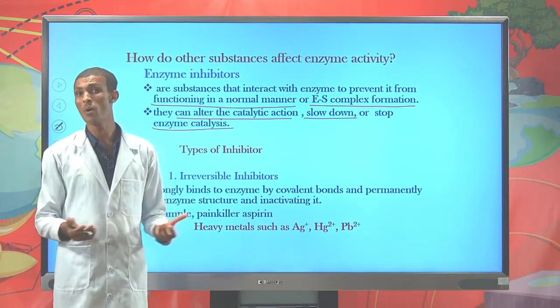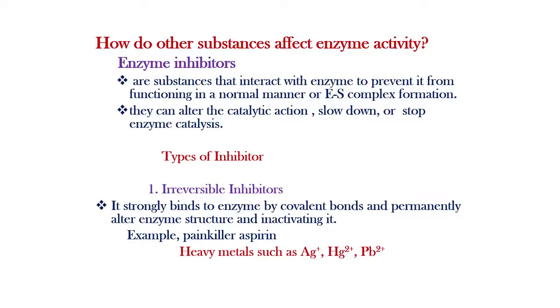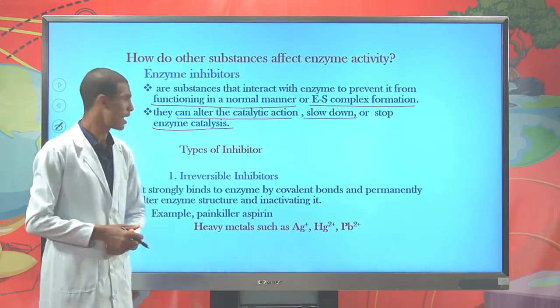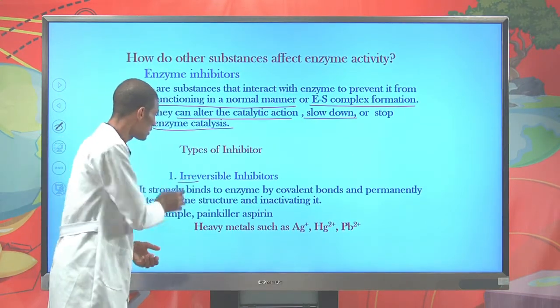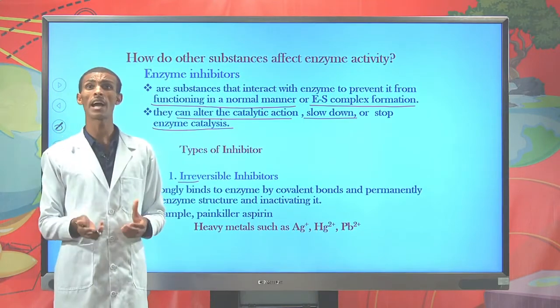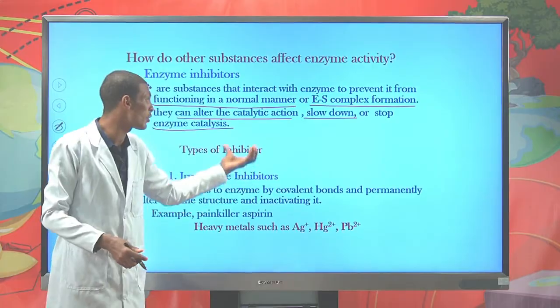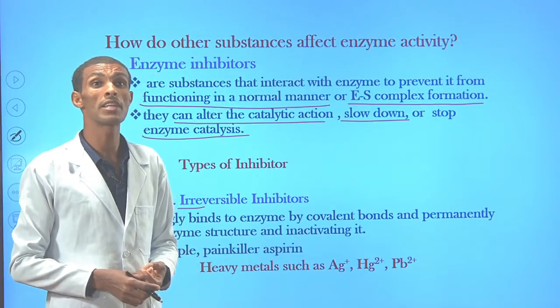Students, do you know the difference between a reversible and an irreversible inhibitor? Well, an irreversible inhibitor, as its name indicates, is an inhibitor that cannot be returned back to the original catalytic activity of an enzyme once it binds to the active site.